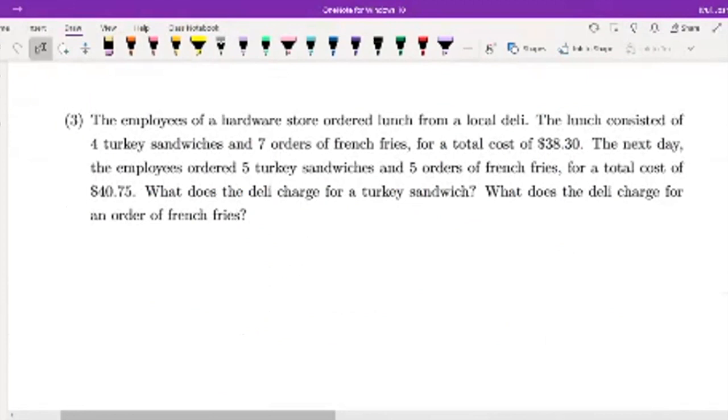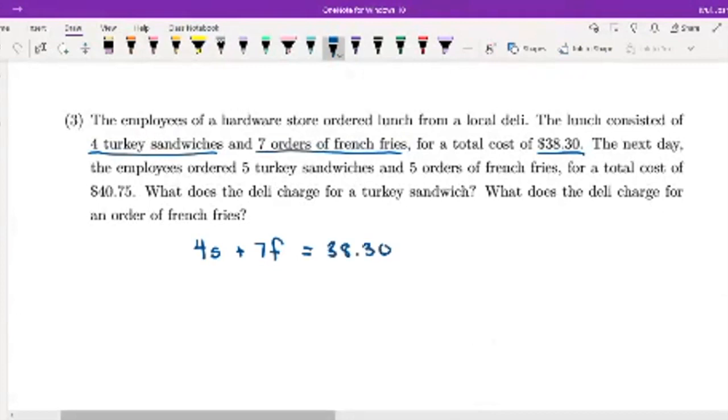The employees of a hardware store ordered lunch from a local deli. The lunch consisted of turkey sandwiches and fries for a total cost of $38.30. So whenever you're ordering food, obviously turkey sandwiches are going to cost more than French fries. So we don't know how much they cost, but we'll say 4 for the sandwiches and 7 for the fries is equal to $38.30.